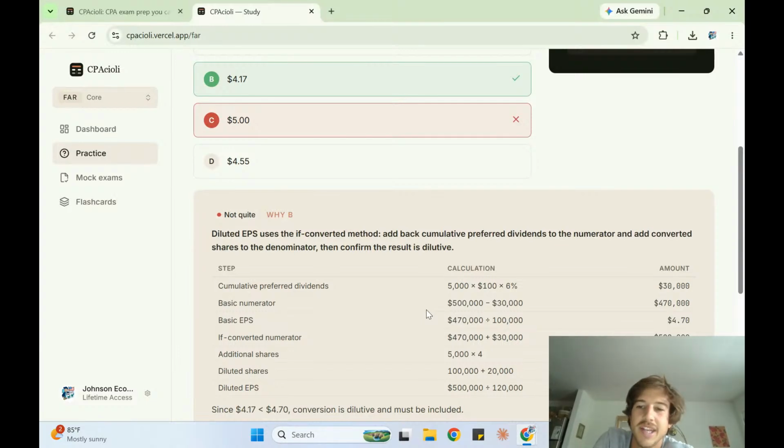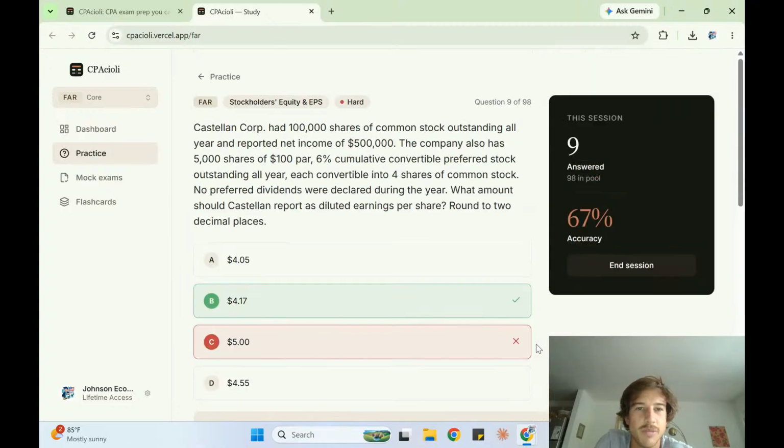Cumulative preferred dividends. Yeah, I did that part. I also did that part. And I got to there. Oh, so I did it for basic EPS. So if converted, okay, yeah, you keep the 30,000.